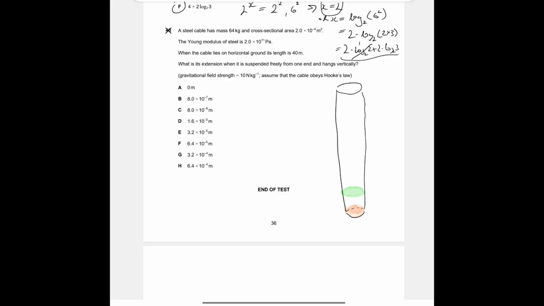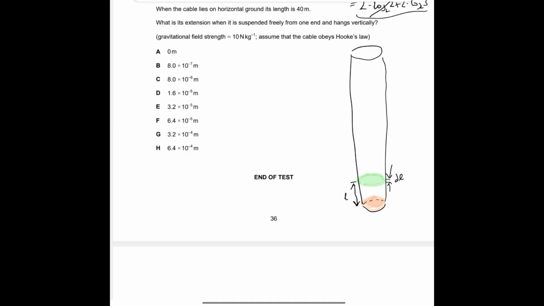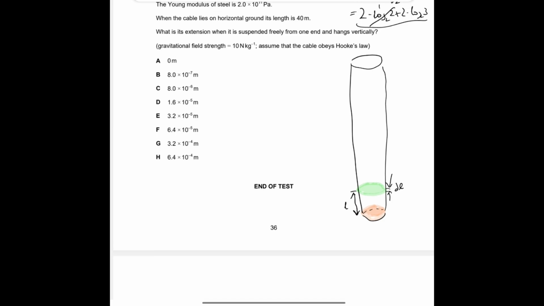let's call it DL. We'll say L is the height of the disc from the bottom of the wire, and DL is the width of the discs. The reason we split them up into these discs is because the force, as I explained before, varies proportionally with L. So as L increases, what was the formula we got?